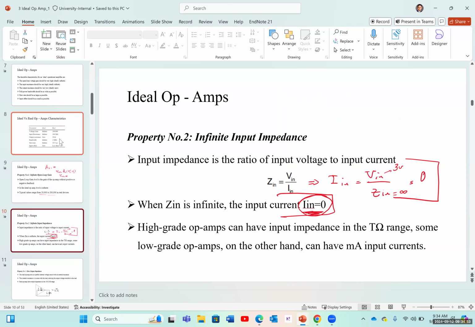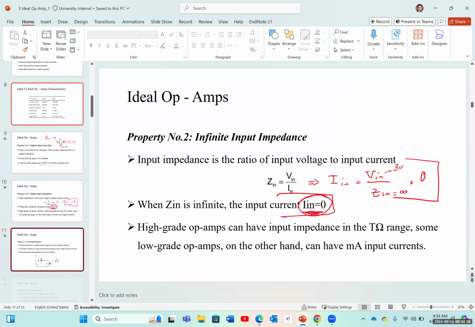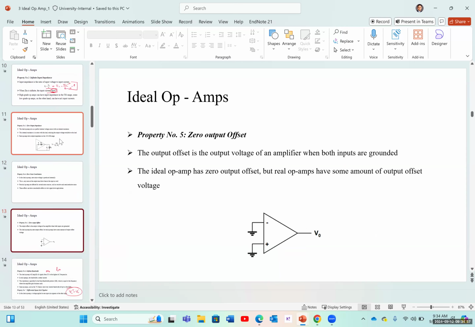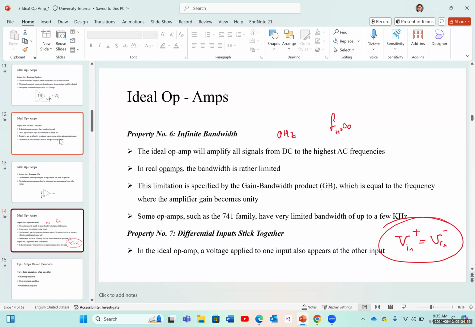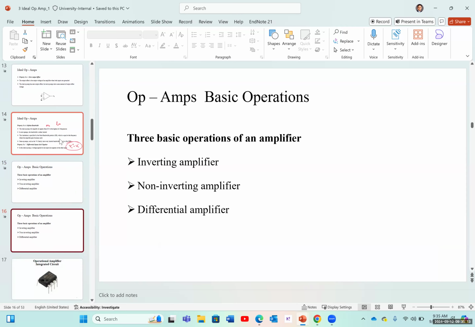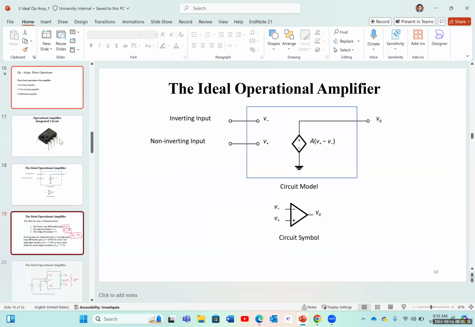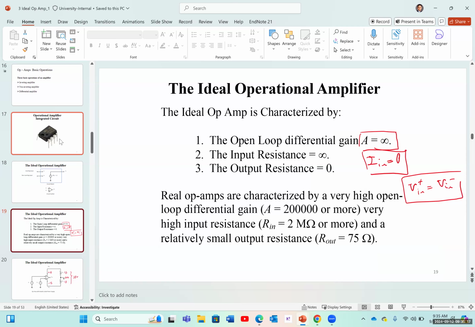But the most important properties of an ideal op amp is that the input positive voltage is always equal to the input negative voltage, or the inverting input is always equal to the non-inverting input. And also the input current is always equal to 0 because the input resistance is infinite.